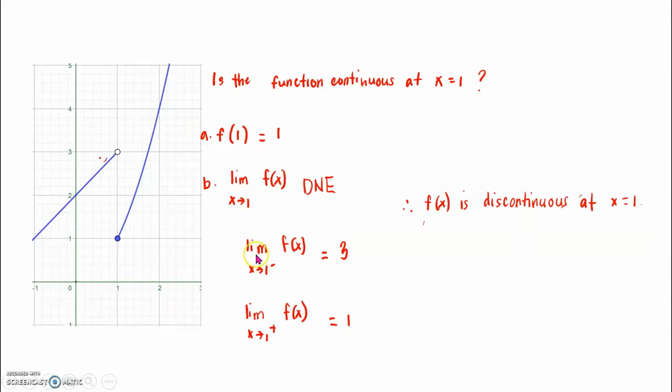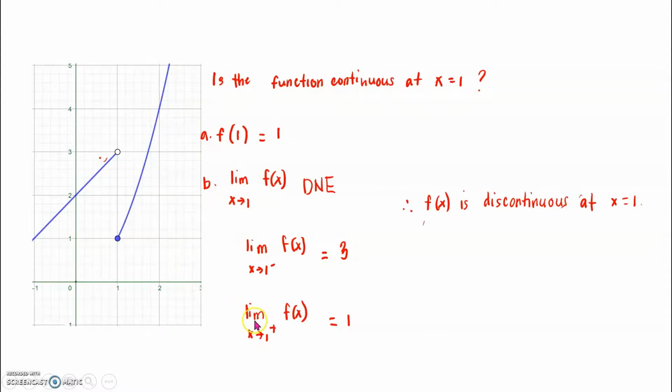Checking the left-hand limit, as x approaches 1 from the left, we can see that our f of x is approaching 3. So our left-hand limit is 3. Checking the right-hand limit of the function using the graph, as x approaches 1 from the right, we can see that our f of x is approaching 1.